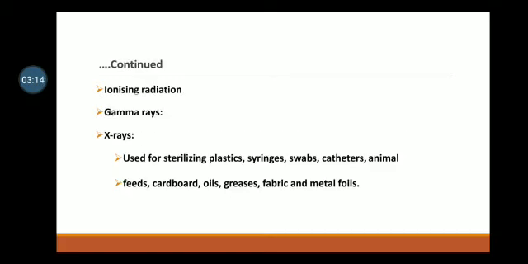Ionizing radiation includes gamma rays and X-rays. They are used for sterilizing plastics, syringes, swabs, catheters, animal feeds, cardboard, oils, greases, fabric, and metal foils.